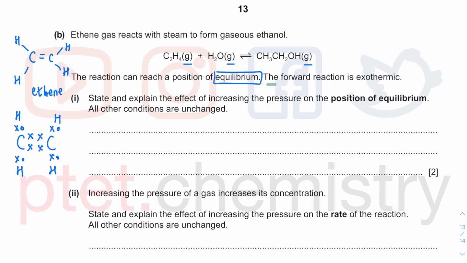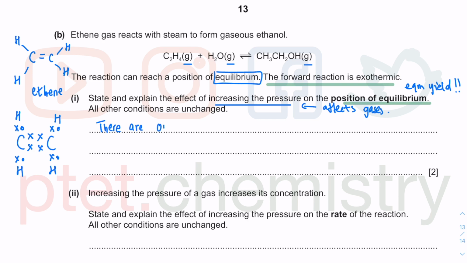They told you here the forward reaction is exothermic. So what is the effect of increasing the pressure? First of all, pressure affects gases. When we talk about the position of the equilibrium, so this is about the equilibrium yield, equilibrium position, we really need to think not about how fast, but about counting the moles of gases on both sides.